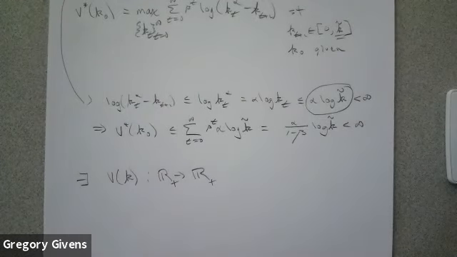Now, what more do we need to establish the existence of a unique optimal plan or an optimal policy function? We need to establish what? That the value function is strictly concave.